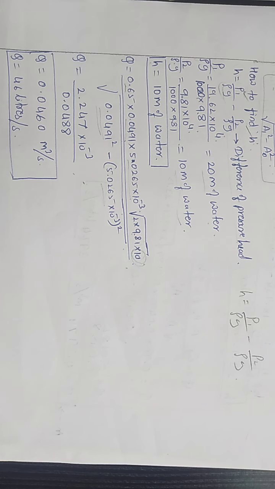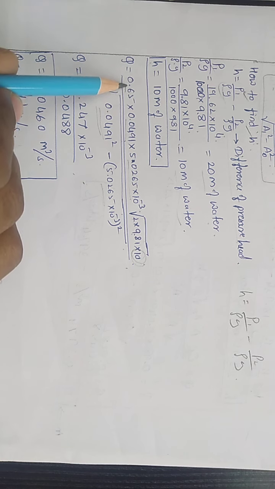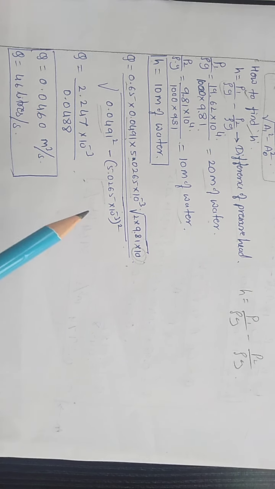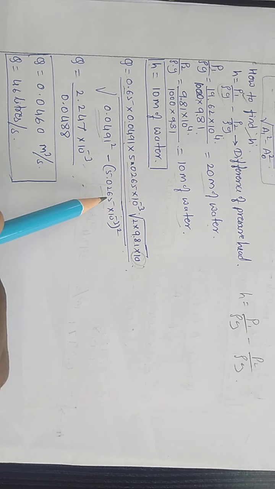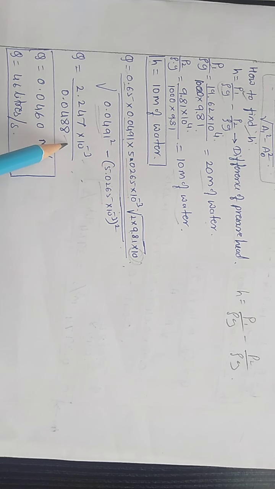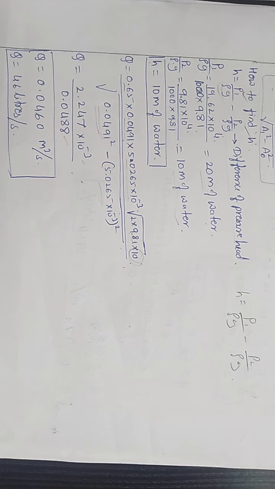So what I suggest is you simplify this step by step. First take the numerator and write it. Next take the denominator and simplify, then write it, and find the ratio of that. Though you may spend a few seconds extra, you will not go wrong.